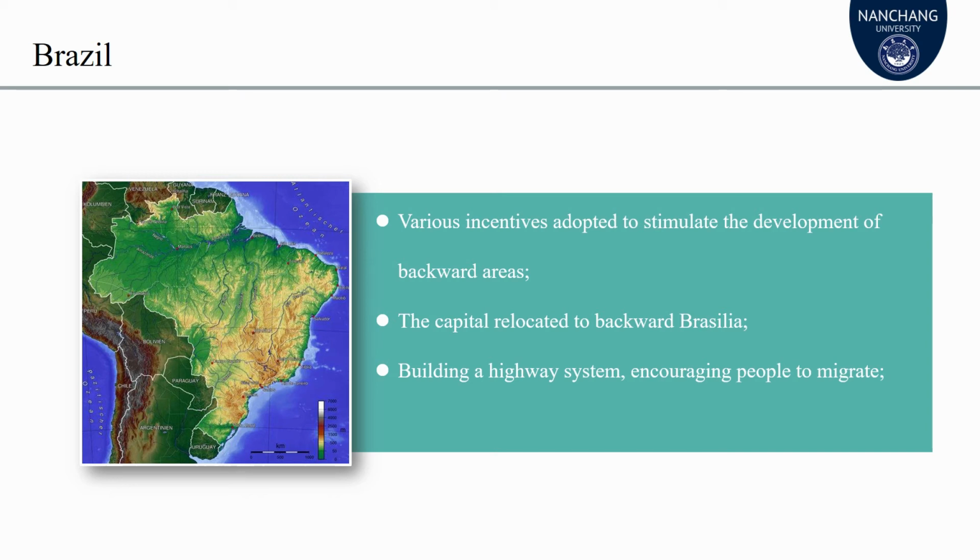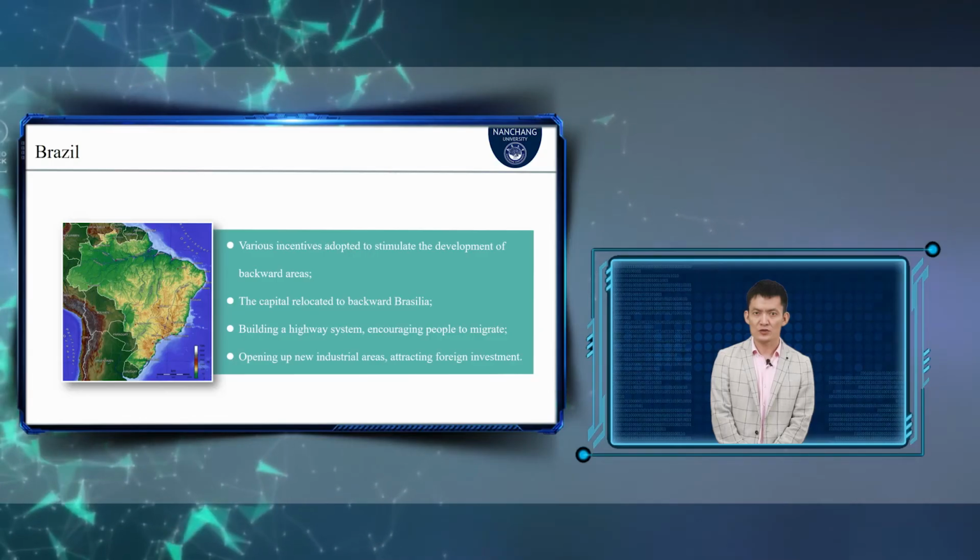encouraging people to migrate to backward areas, at the same time attaching importance to the self-development capabilities of backward areas, opening up new industrial areas, and using preferential policies to attract foreign investment and opening up free trade zones in the inland.